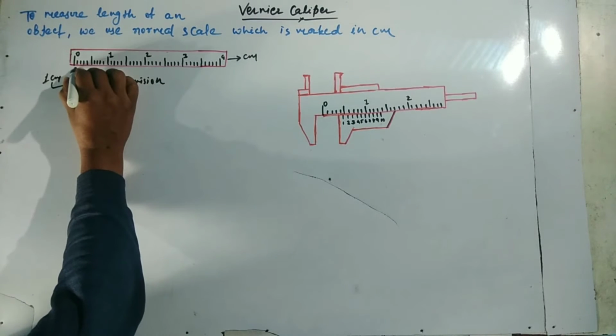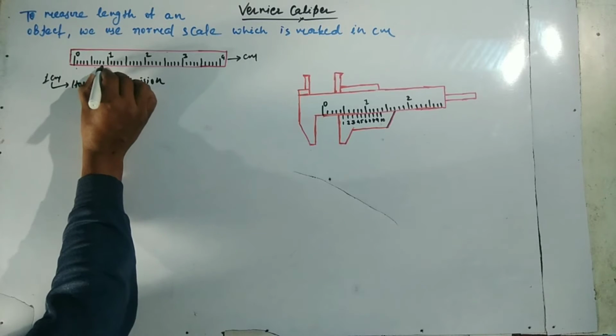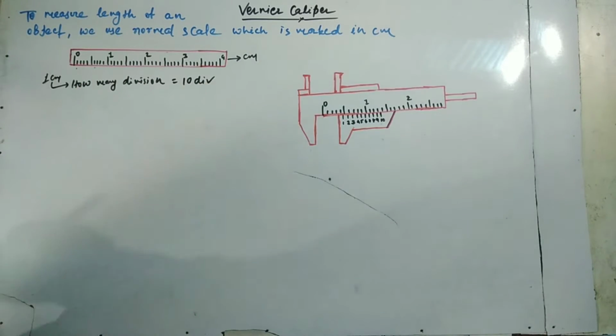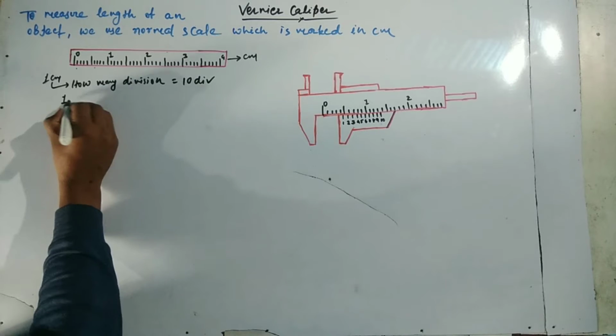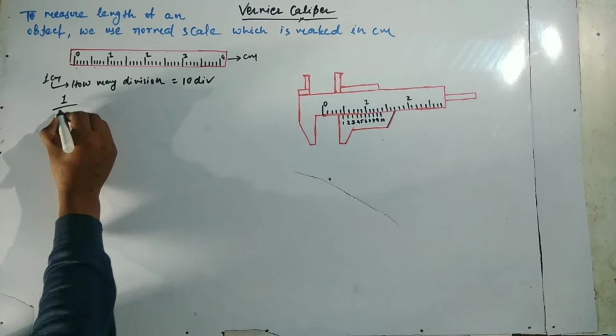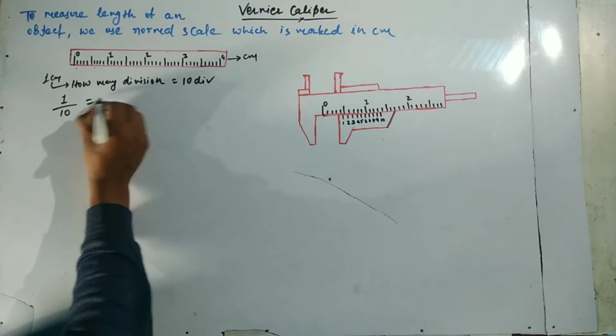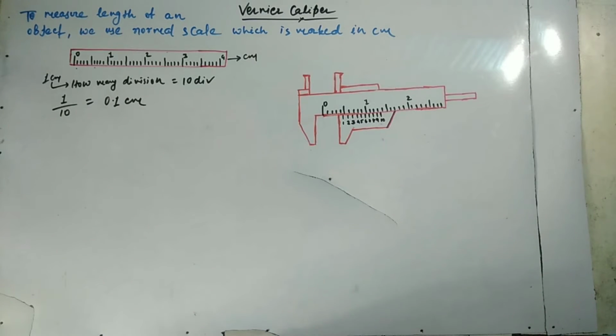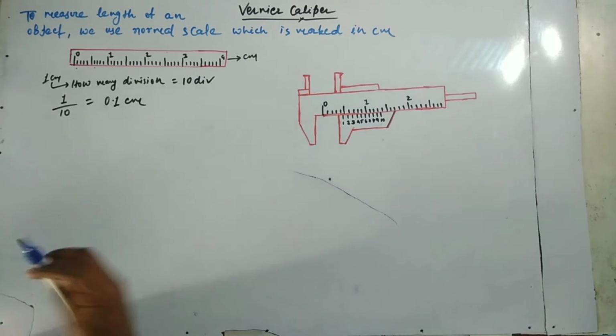One cm equals how many divisions? We can see 10 divisions equal 1 cm. That is, its least count will be 1 by 10, which equals 0.1 cm, or we can say 1 mm. So its least count will be 0.1 cm.